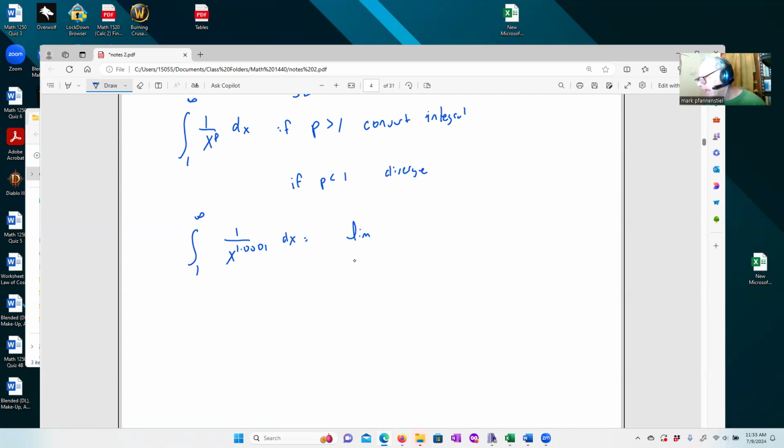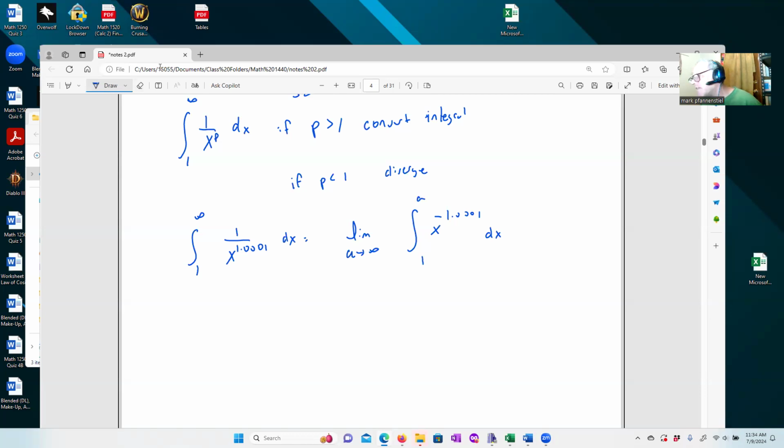So let's say a goes off to infinity. We have the integral of 1 over, actually, I'll rewrite it as a calculus problem. So we want to start taking one here. We have x to the negative 1.0001 dx from 1.